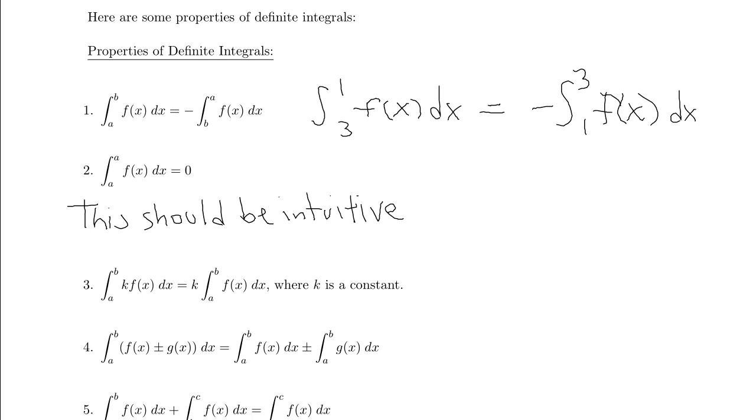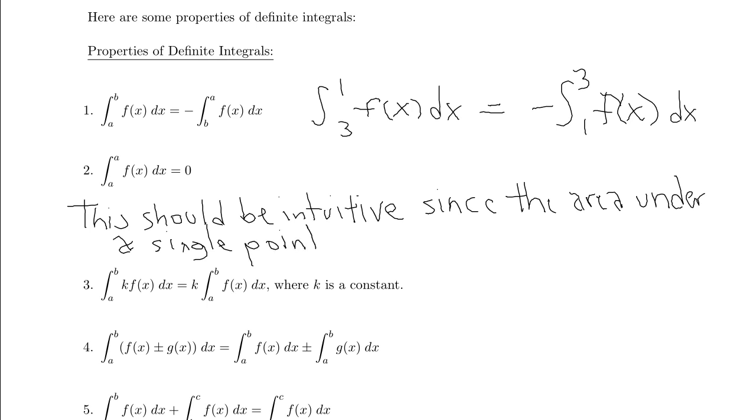So this should be intuitive, since the area under a single point is going to be 0. There would be no shaded region because it's just a single value. So the area under a single point is 0. My writing is very messy today. I'm trying to make it a little better.